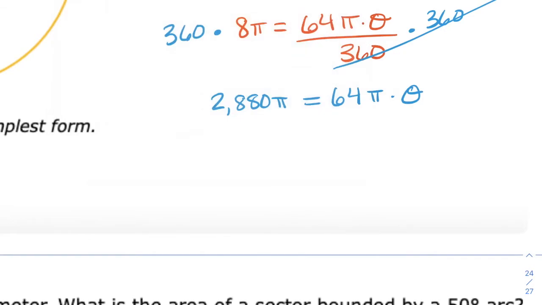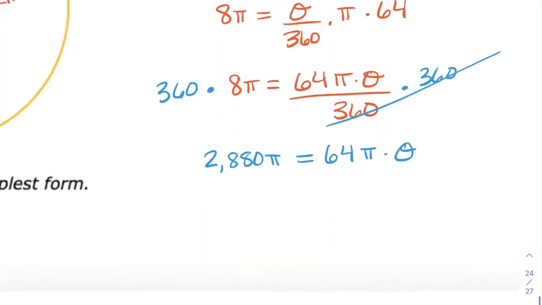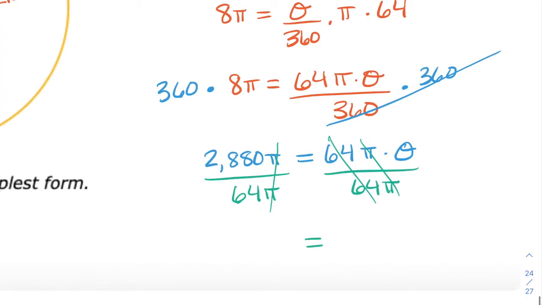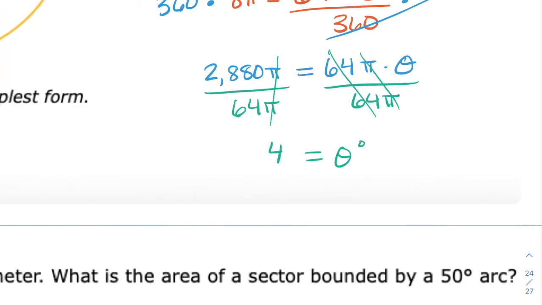And the last step is to divide both sides by 64 pi. So pi's go away, 64 goes away. On this side, I have just theta. And on the other side, I have 2880 divided by 64, which is 45 degrees. What a nice number. 45 degrees.